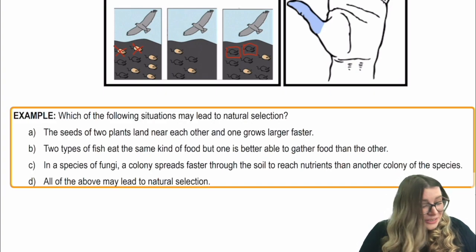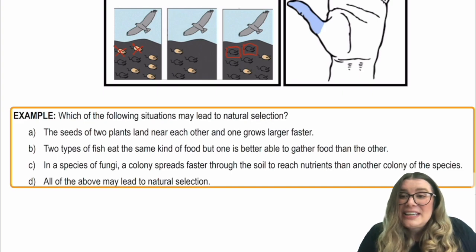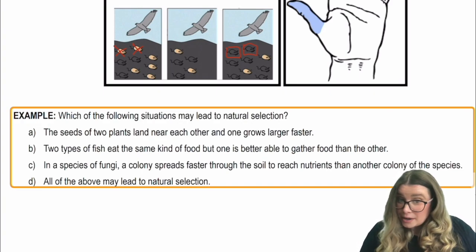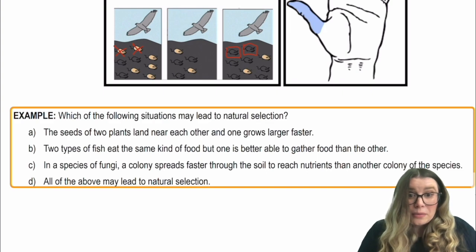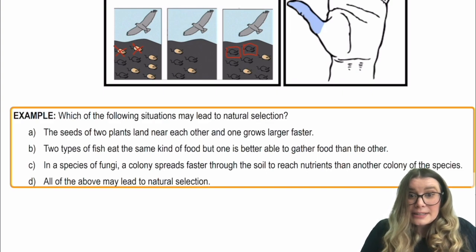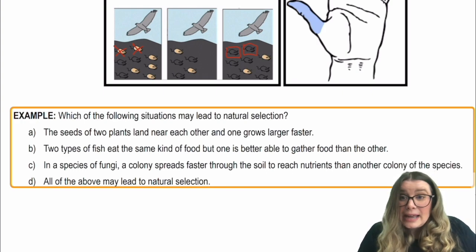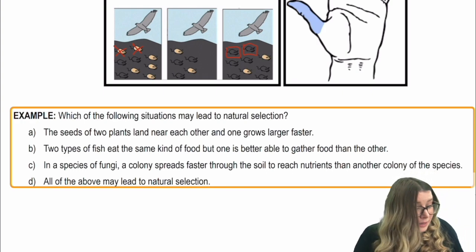VISTA. So answer choice A says the seeds of two plants land near each other and one grows larger faster. So we have variation where we have a small and a large seed. And additionally, we have competition where we're going to have the environment selecting one to survive over the other. I would say that answer choice A is an example of natural selection.